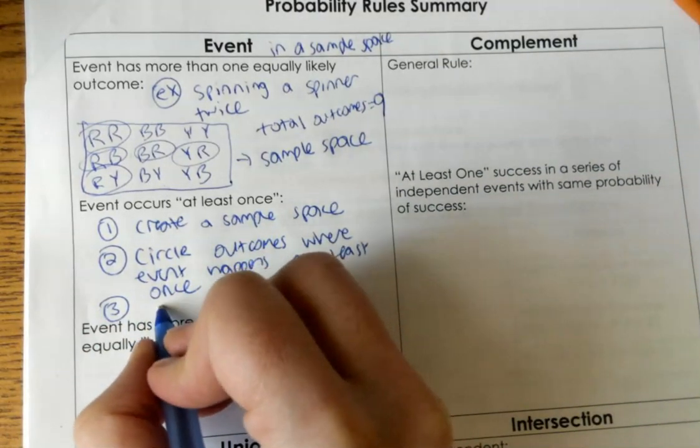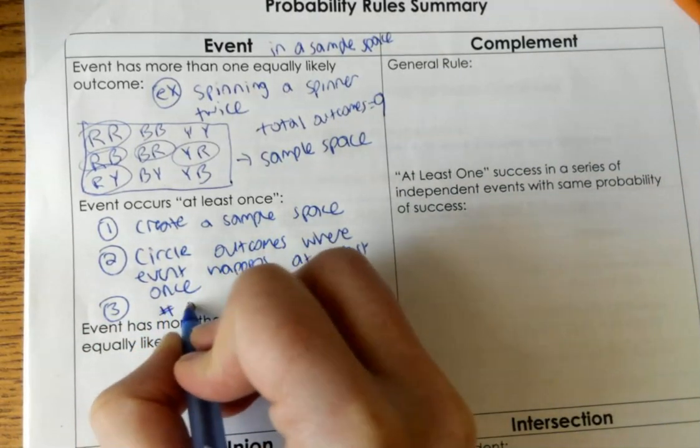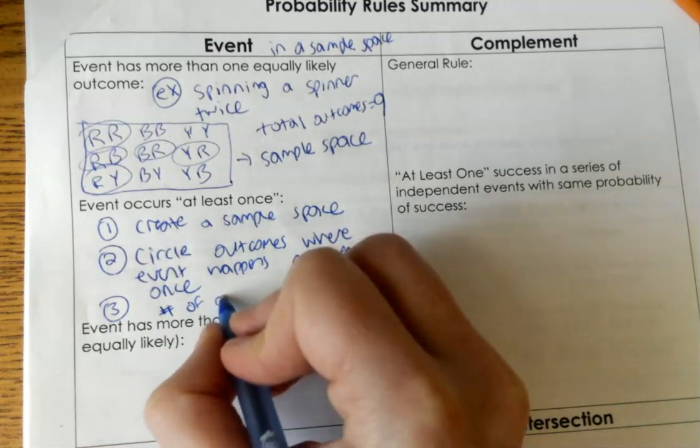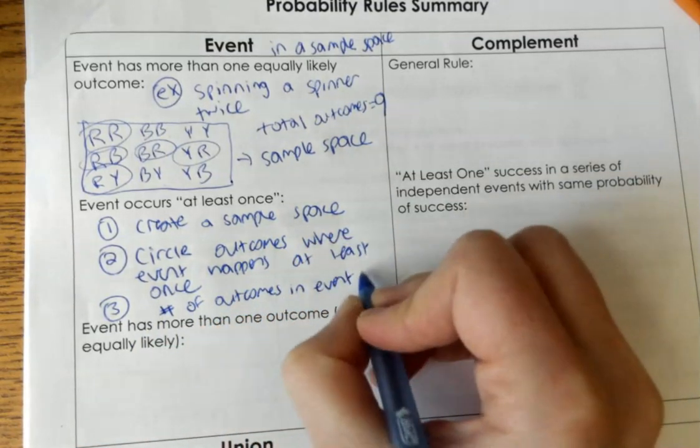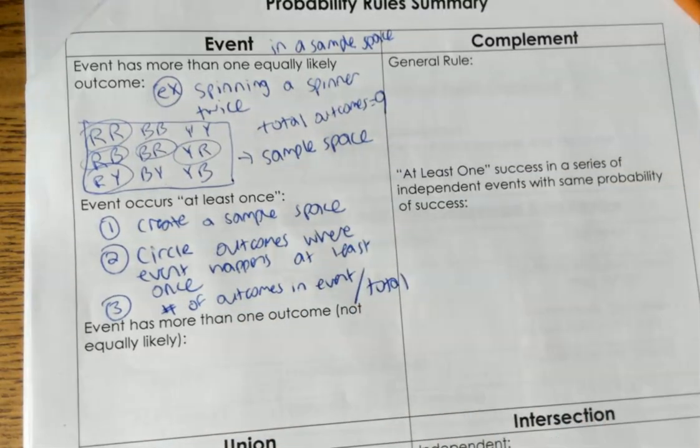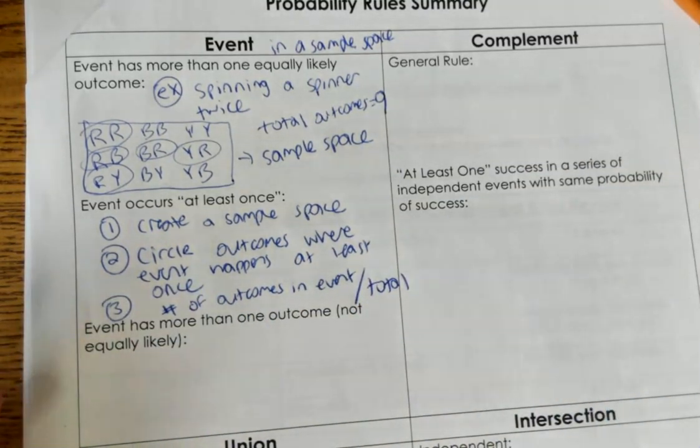And then number of outcomes in event over the total. So remember, probability really is just a fraction. We just got to figure out what to put on the top and the bottom.